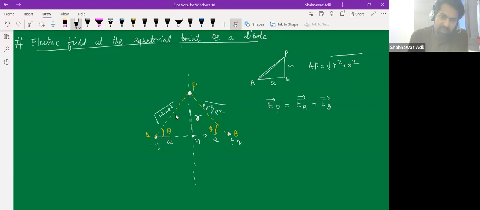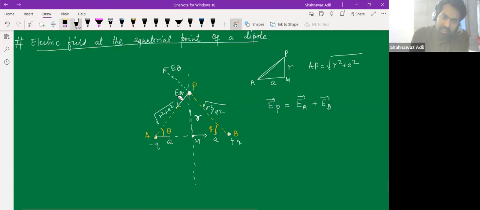So it's attractive, so it will be towards A. And due to B, towards B or away from B? Away from B. So here this is EB, right? Is that clear, guys? Yes, sir.